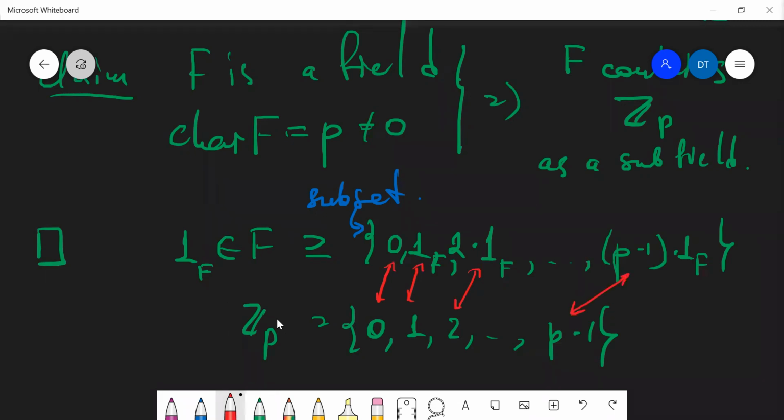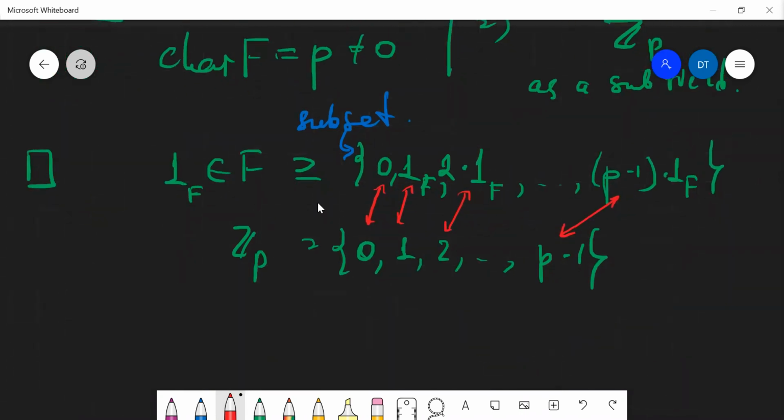What I'm saying is that this bijection is an isomorphism of Zp to a subring inside F. So these elements form a subring, and this identification is an isomorphism between Zp and this subring.